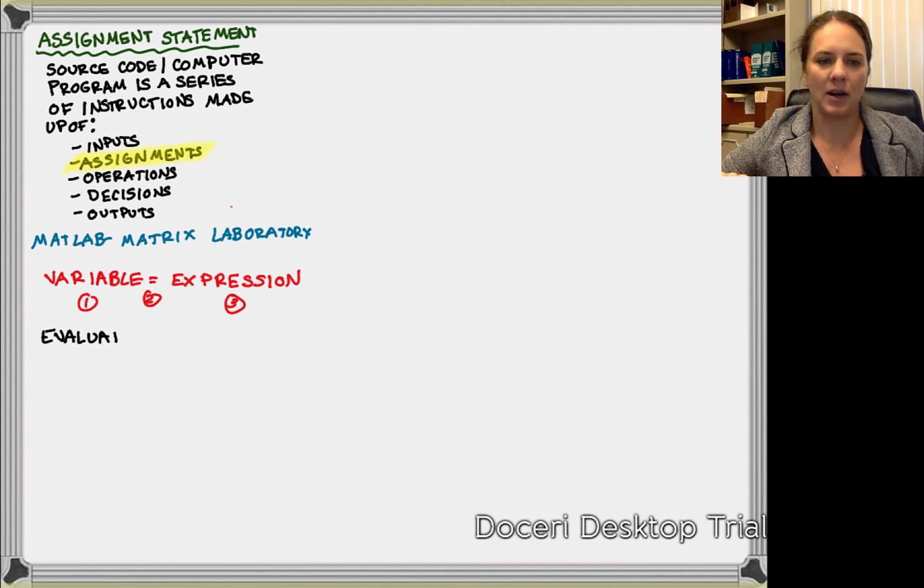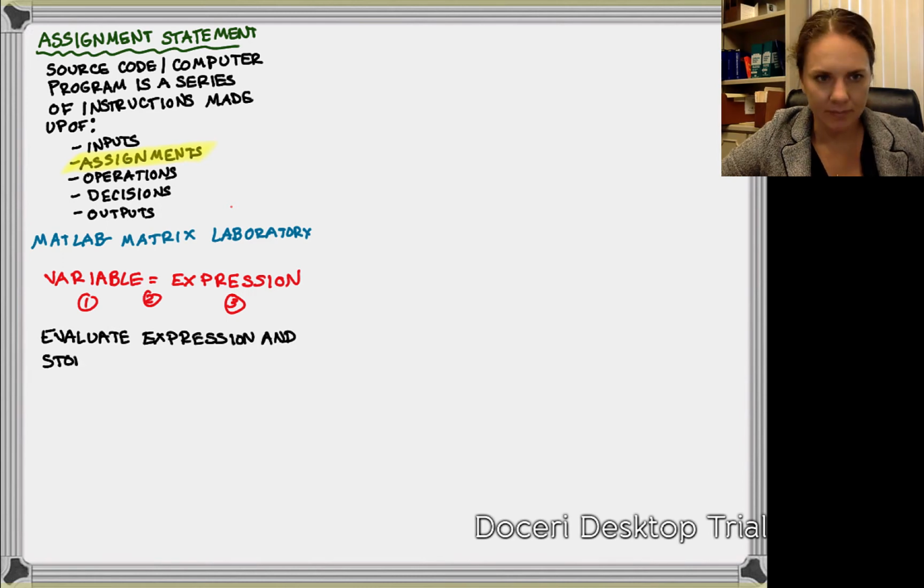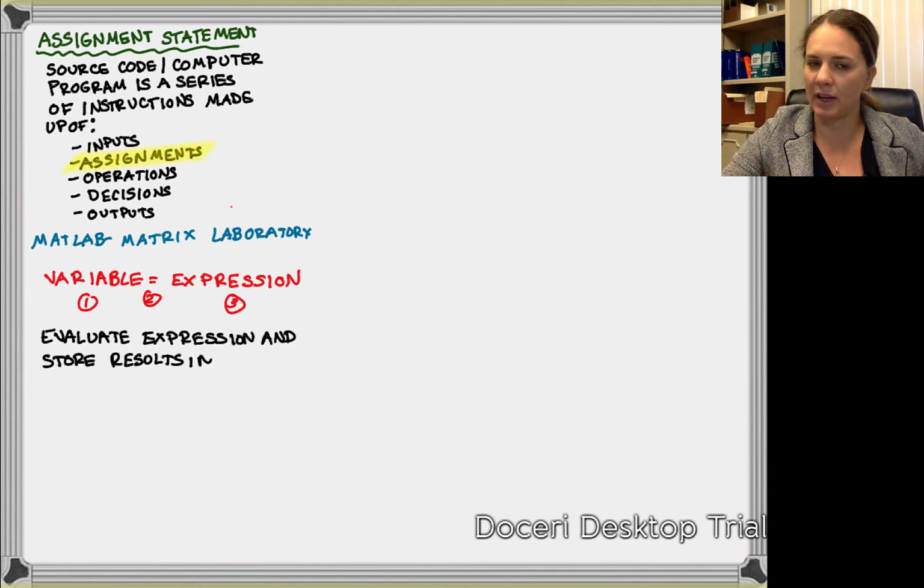So when you do this in Matlab, what you are doing is you're evaluating the expression, which is on the right-hand side, and storing it in a location named variable.